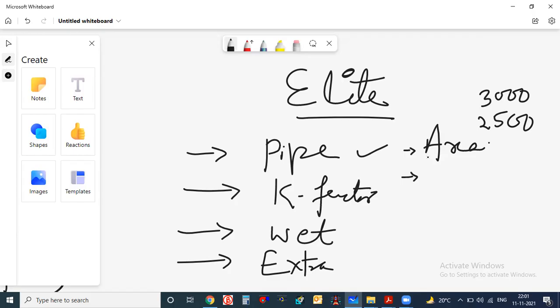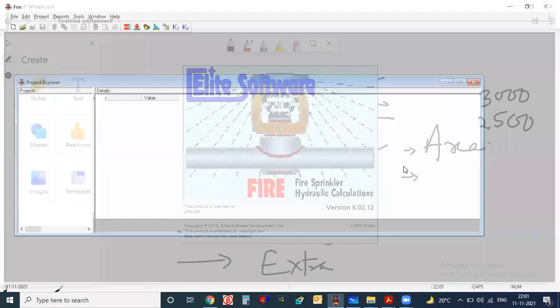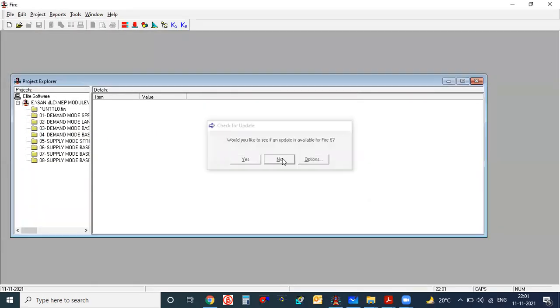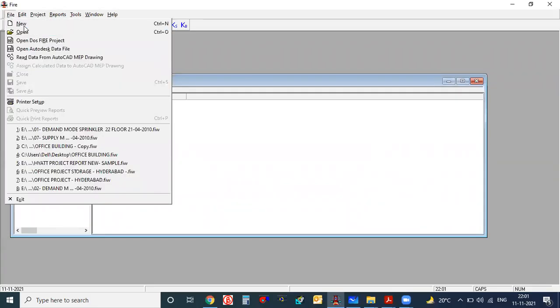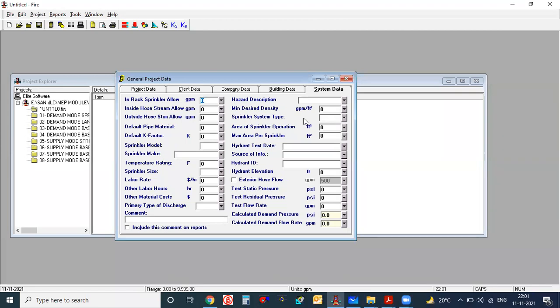And finally, what we have to do, we have to make the sprinkler spacing and everything. Number of sprinklers we have to write, or you have to divide it actually. Suppose in the minimum design area, we have to manipulate some values here actually. Otherwise, rest everything remains same. Suppose if I am manipulating something like this, see here I have to write down the area of sprinkler operation.